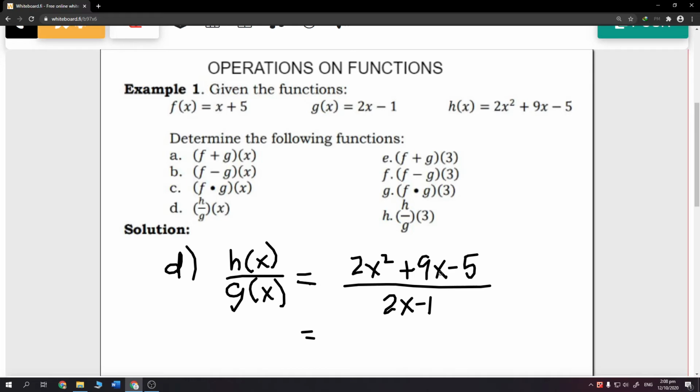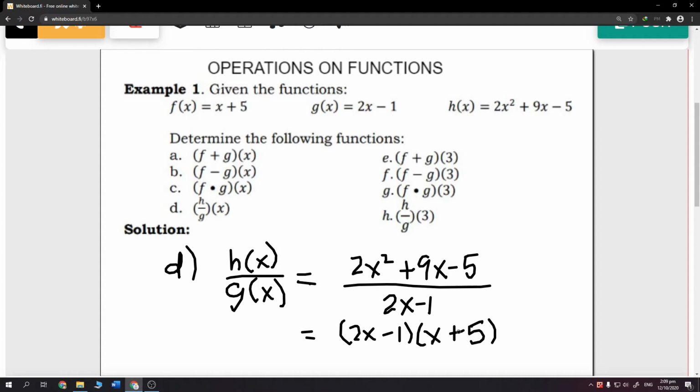We're going to factor this. Let us see. The factors of 2x squared are 2x and x. Then what are the factors of negative 5? We can have 1 and 5. So probably we have positive 5 here and negative 1 here.